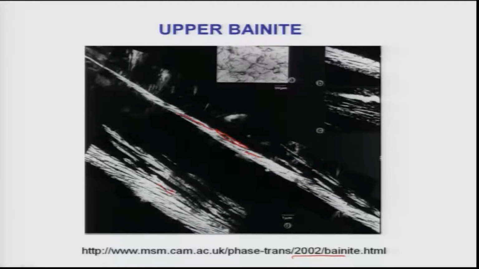It is very easy to see here, this is actually a needle, and on the sides of the needles you have precipitation of the carbide phase. But the one which is lower is shown here, this is just like a leaf, big bainitic plates, and in between the leaves you have cementite precipitates.